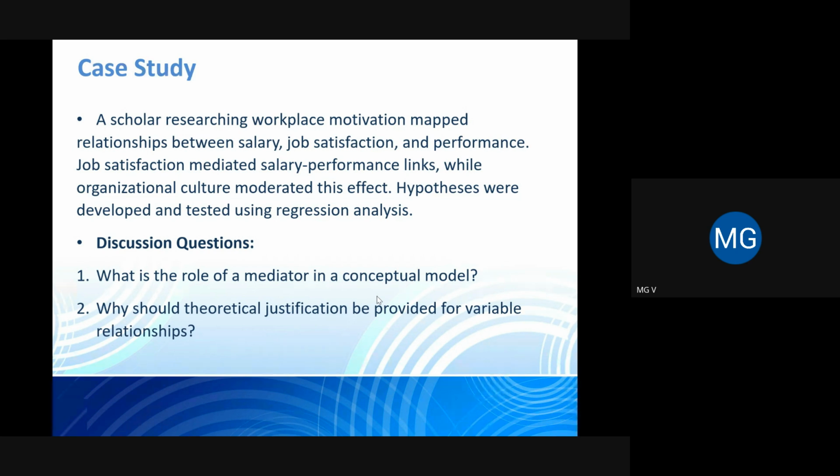Why should theoretical justification be provided for variable relationships? I hope you come across this point very frequently. Whatever you write, whatever you say, they always ask for a reference from literature.